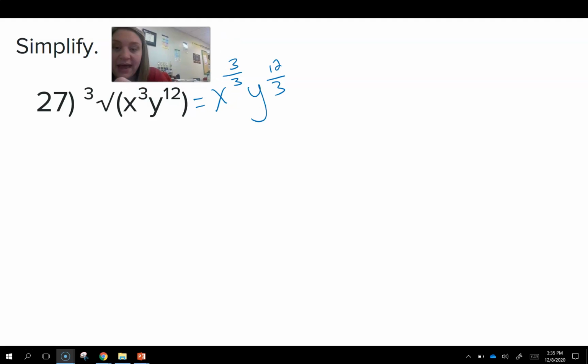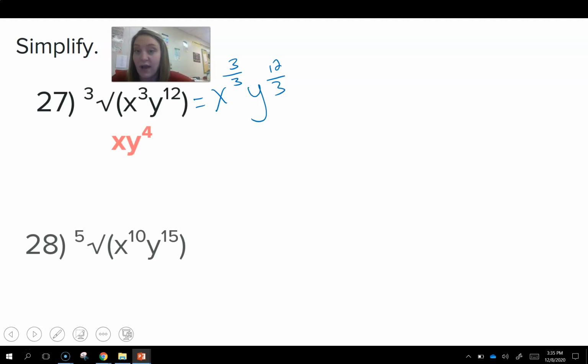So notice, my rational exponents: my powers are my exponents, that's the 3 and the 12. The root, which is underneath, is going to be 3. So we divide them both. We get a simplified answer of x to the power of 1 and y to the power of 4. It looks complicated, but you're really just dividing.